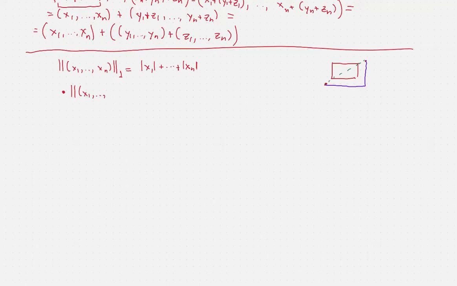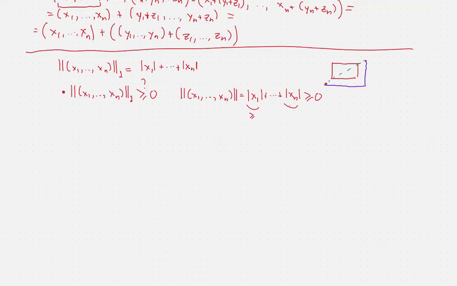Well, the norm of a vector x1 through xn is the sum of a bunch of non-negative numbers. So it has to be greater than or equal to 0, for sure. Because each number is non-negative. This is greater than or equal to 0, this is greater than or equal to 0. When you add non-negative numbers, you get a non-negative number.